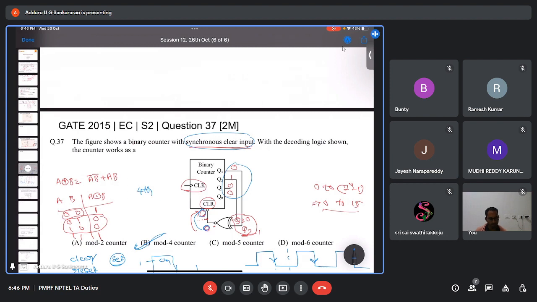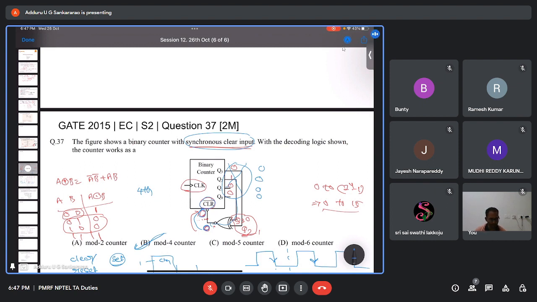When it is 0100, immediately the XOR gate output will become 0, and it will clear the outputs of the flip flops. That means whenever the clock is applied, 0100 will come, this entire cycle will take place, and the output will get 0000.